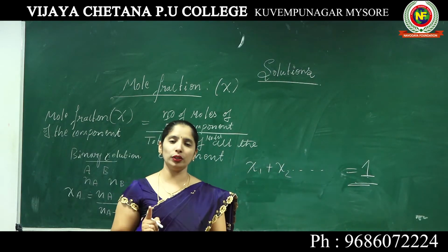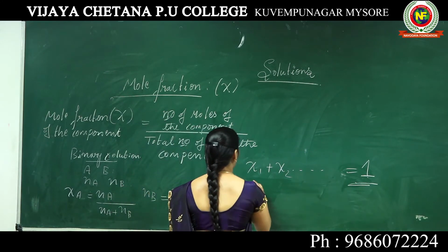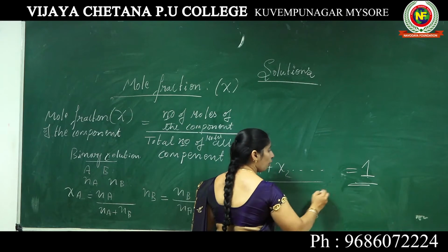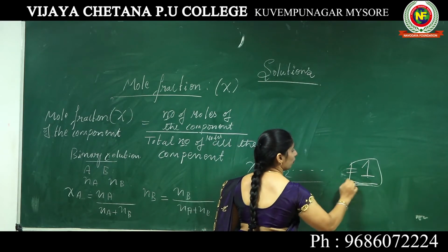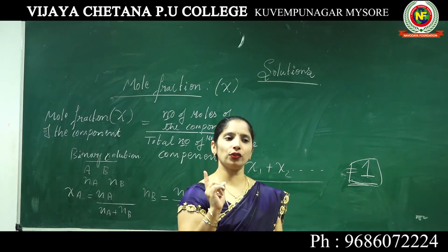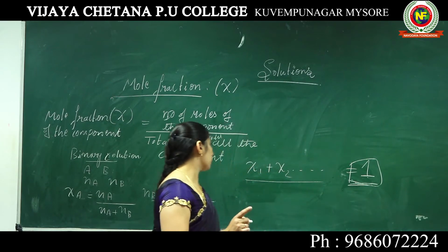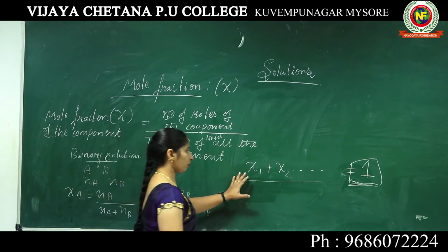It is unity, having the value unity. Means the sum of the mole fractions in a solution is always equal to 1. Got it? So in a solution, the sum of the mole fractions is always equal to 1.